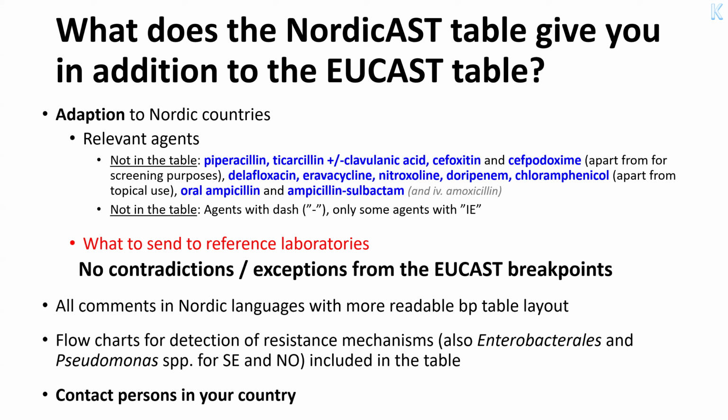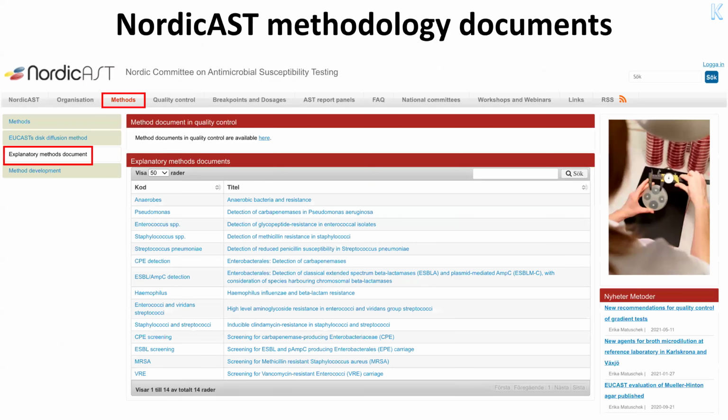If you find something you don't understand or something maybe not correct, we do like to hear about it, because even if we proofread, there are always a few mistakes. So we welcome you to send us emails. Another thing we have in the NordicAST table is a few explanatory method documents, which you see listed here.